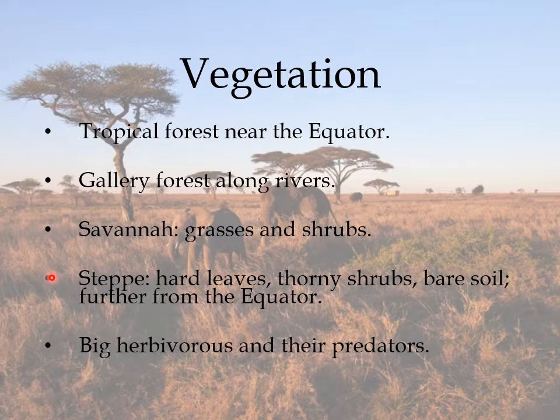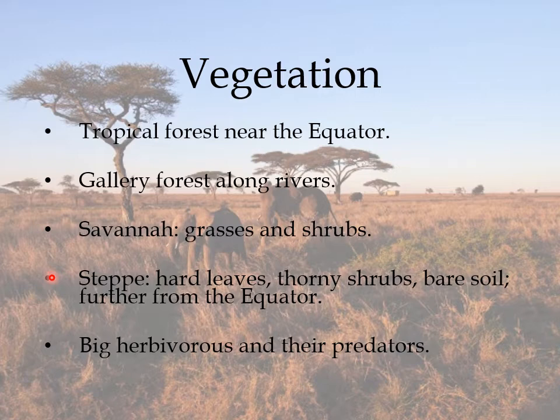This one is not a cold steppe like the one in the continental climate, the one of Mongolia, for example, but it's a hot one. They have this vegetation with hard leaves, thorny shrubs.